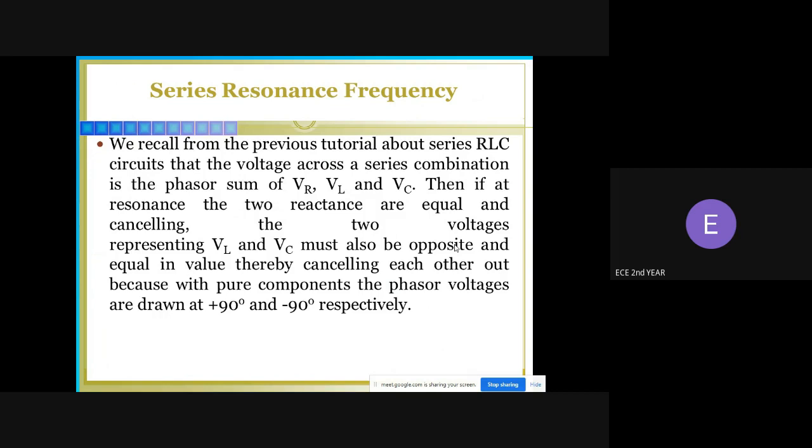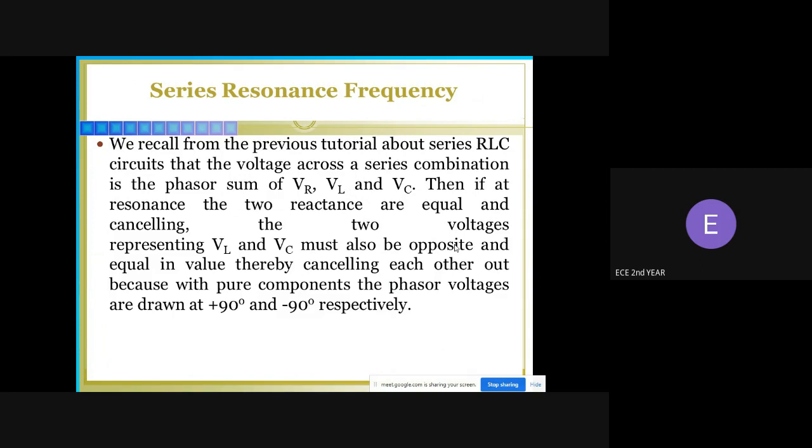We recall from the previous tutorial about the series RLC circuit that the voltage across a series combination is the phasor sum of the voltage across the resistance, the voltage across the inductor, and the voltage across the capacitor.